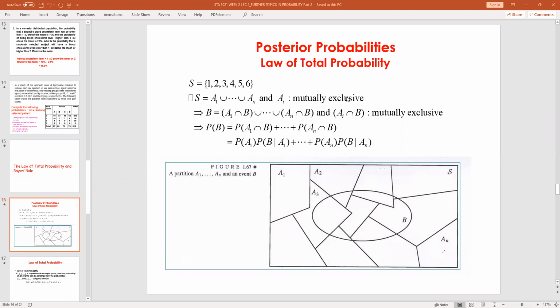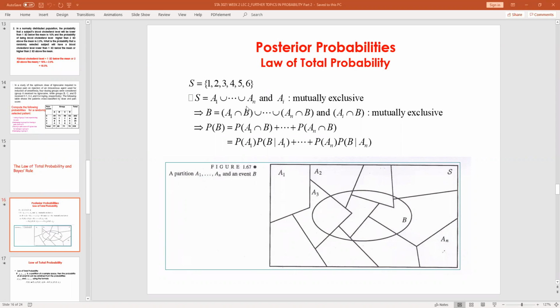Now, let's say that we're looking at another event, which we call B. Let's say we're looking at another event B. If I'm looking for event B, of course, we need to visit each of those classes.